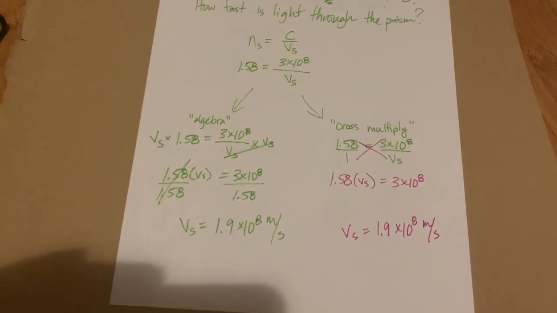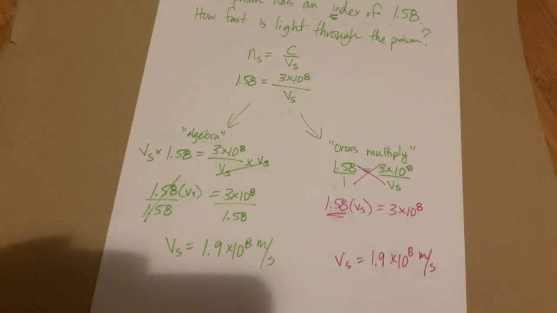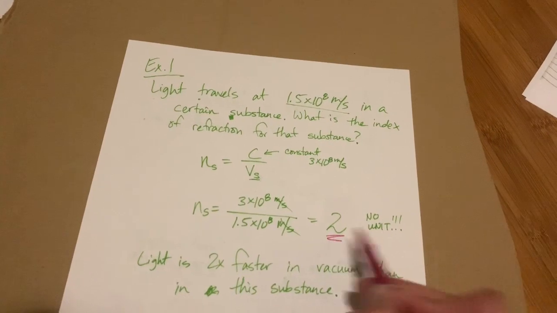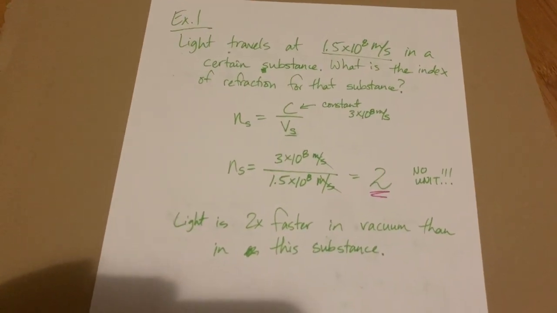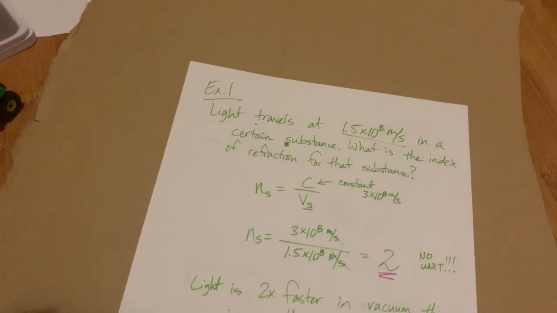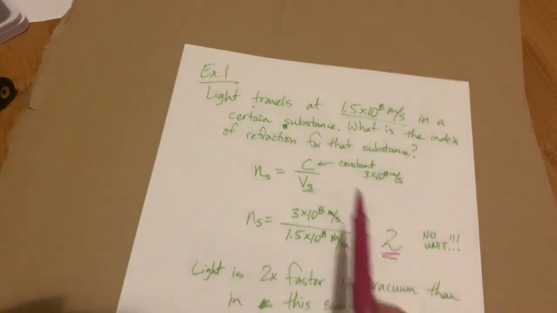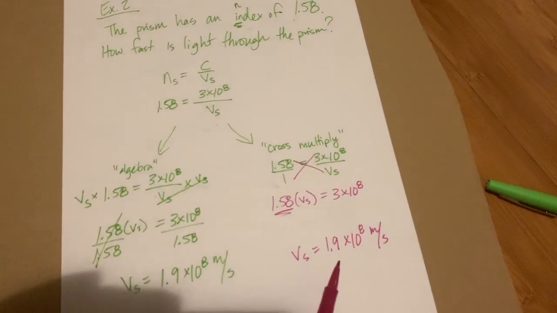Now, interesting question. This one has an index of 1.58. This one had an index of 2. So a good question would be, which one has a slower speed? Well, we could compare the actual speeds themselves, right? 1.5 times 10 to the 8 versus 1.9.